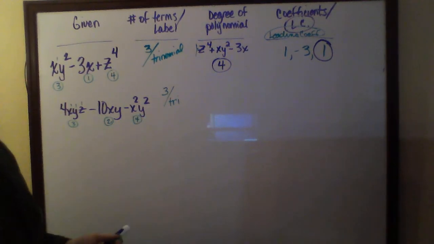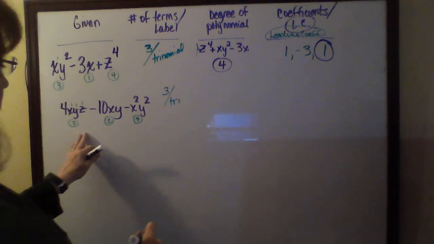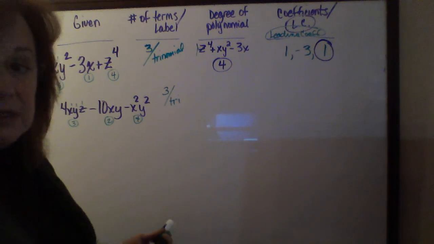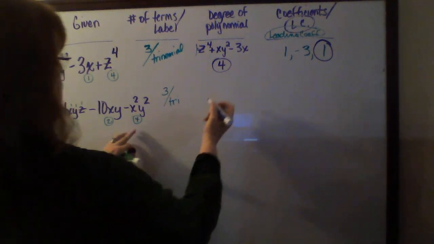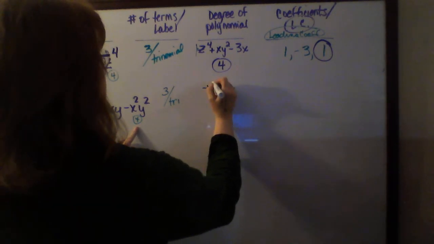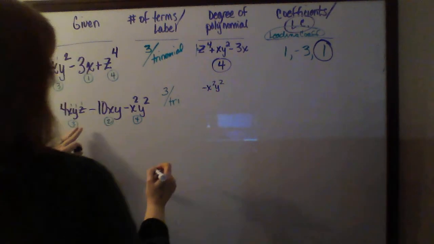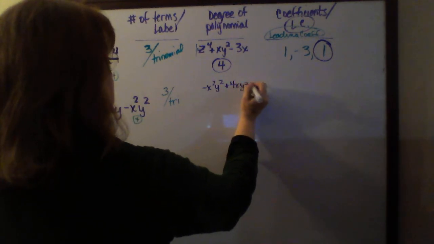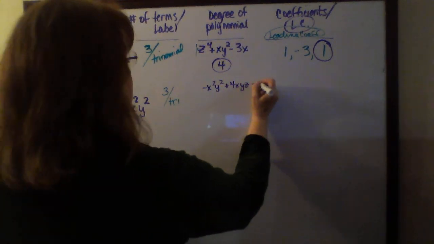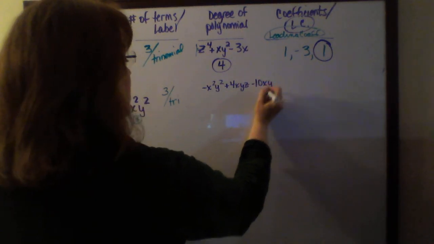Sometimes in your homework you're going to be asked to put these in descending order, and what it's referring to is the degree of each term. So I'm going to put this one in descending order properly. So it's negative x squared y squared, then positive 4xyz, and then last negative 10xy.